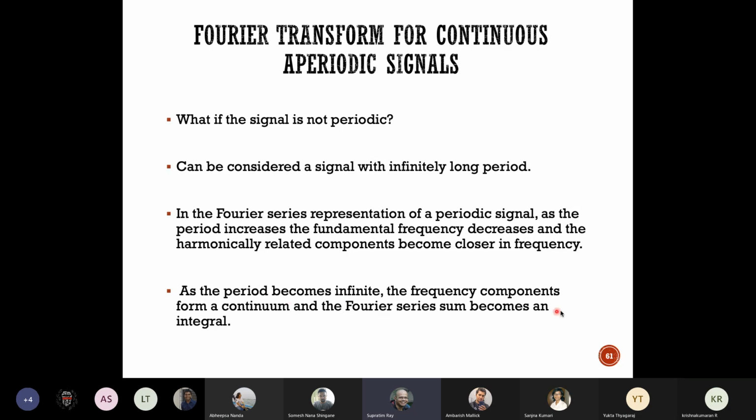As the period becomes infinite, the frequency components will become infinitely close and essentially form a continuum. The Fourier series sum becomes an integral, and that is what the Fourier transform is.